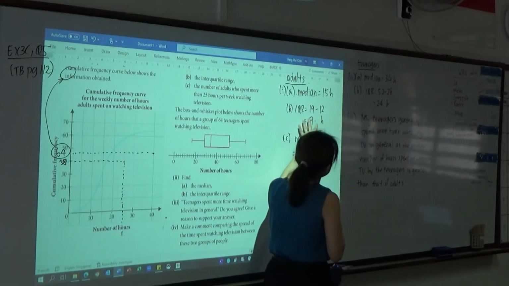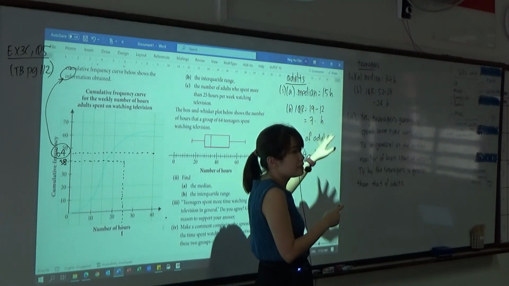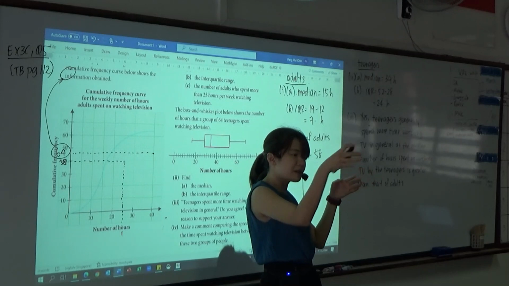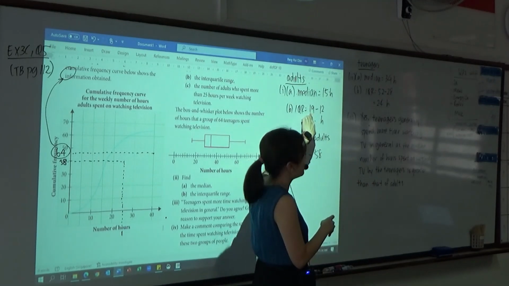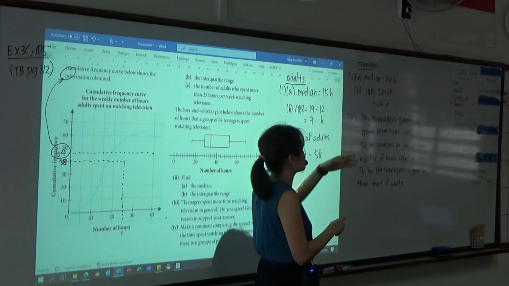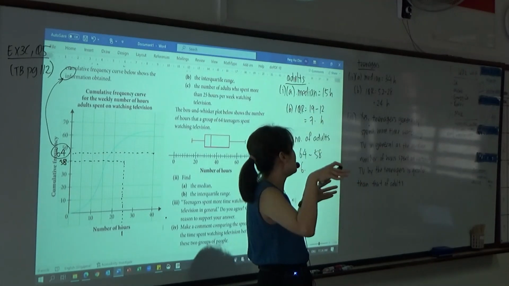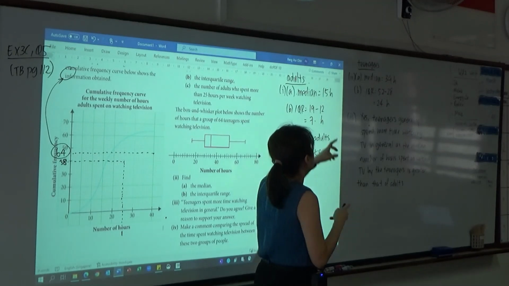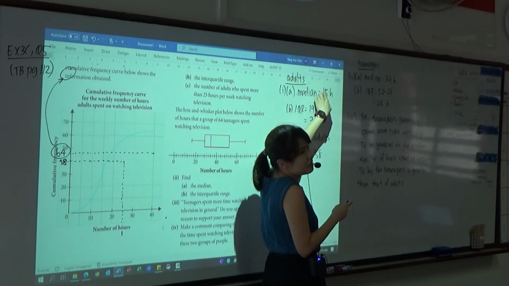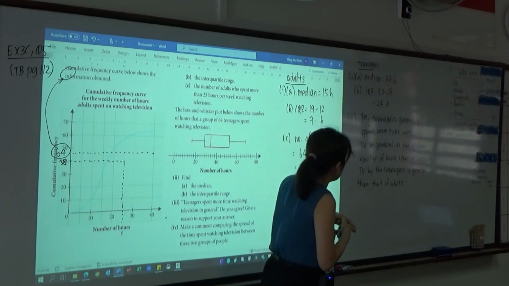With this being a smaller number, it means that the data values of the middle 50%, because interquartile range is the upper quartile minus lower quartile, are more consistent around the median itself.